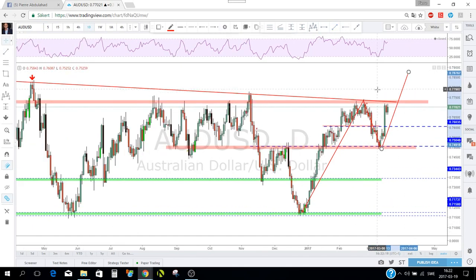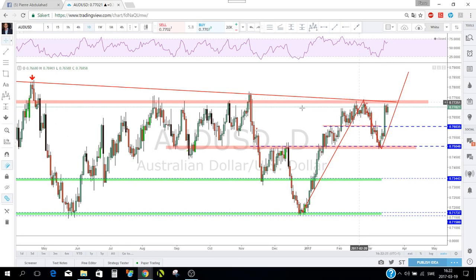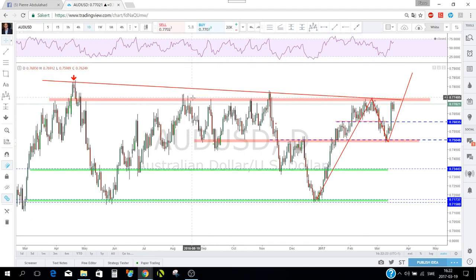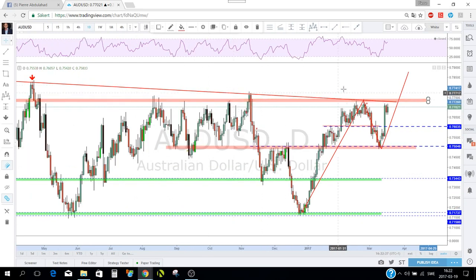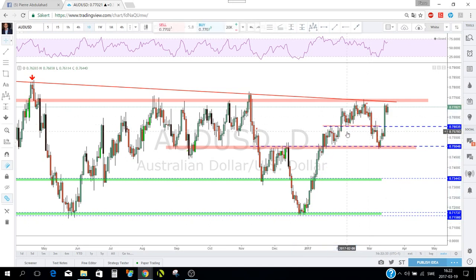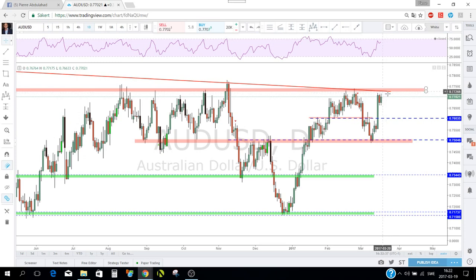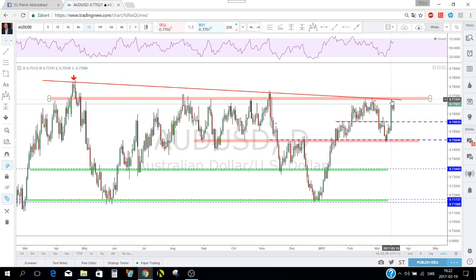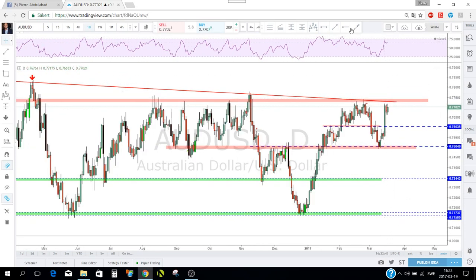I can't say no to that, but still I see this level is a very important level for the Aussie USD, and I will be looking one more time at this level back up here for a shorting opportunity until it shows me something else. If I want to go long, I want to see a break, a deep correction, and a continuation.